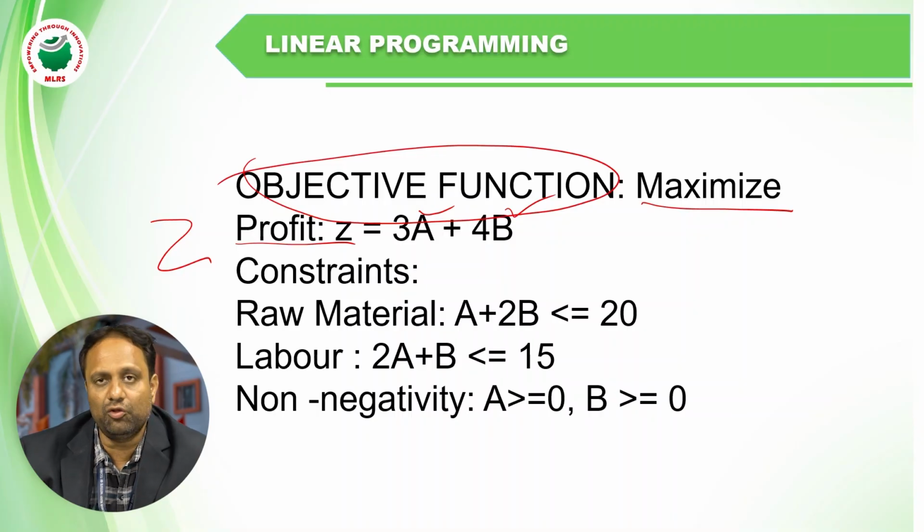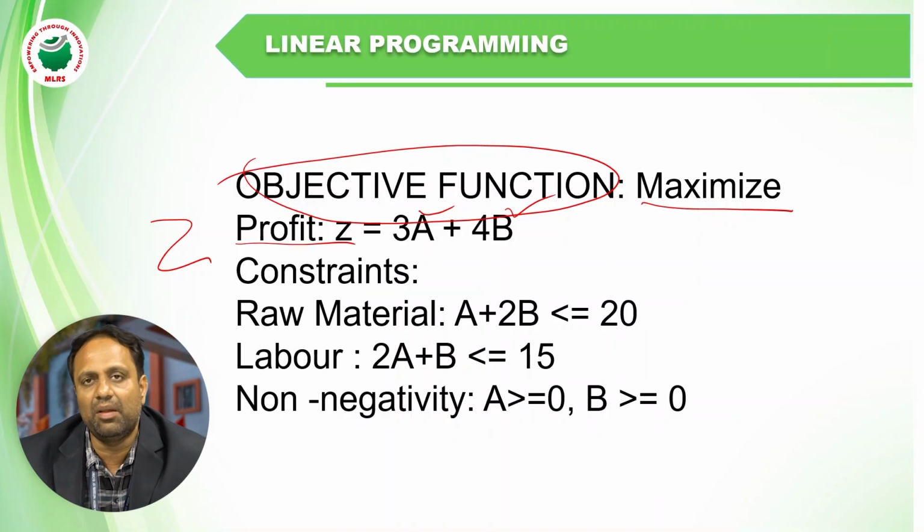And in order to produce products A and B, the raw material and the labor available are very limited. They are very scarce in nature.